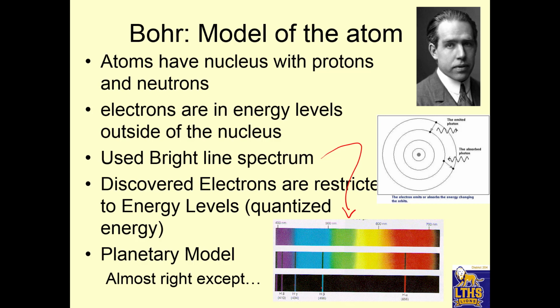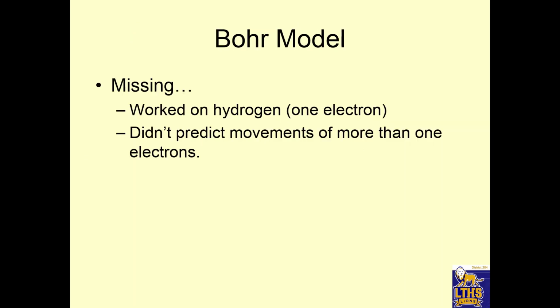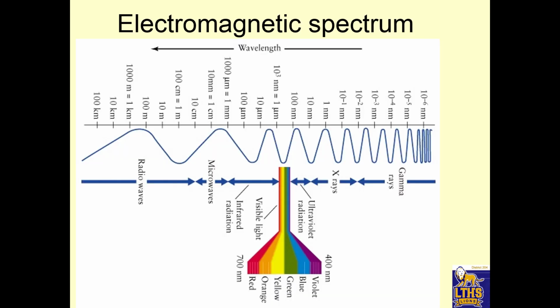They can be explained by the quantum, but Bohr's ideas only work to explain very well the hydrogen atom and anything else. If there's more than one electron in an atom, like any other element that we have, that model didn't work. Okay? So, in order to understand a little bit more about how the light helped us figure out atoms, we need to know what light is.